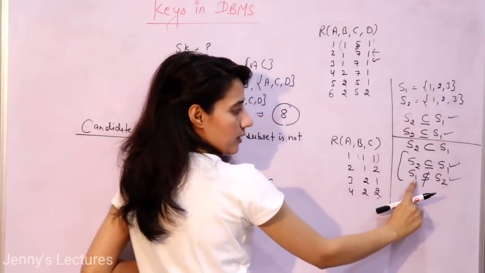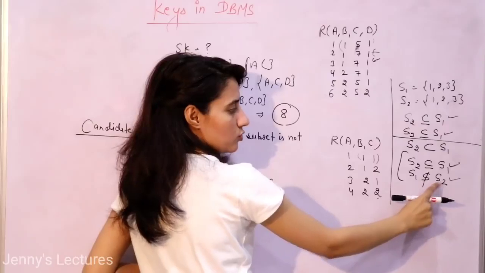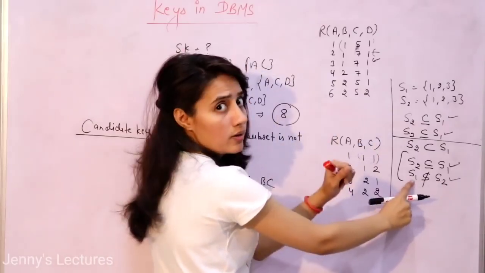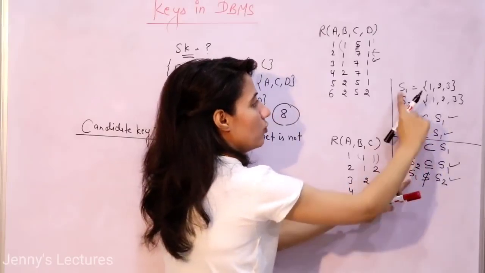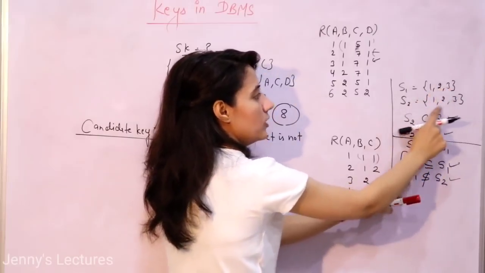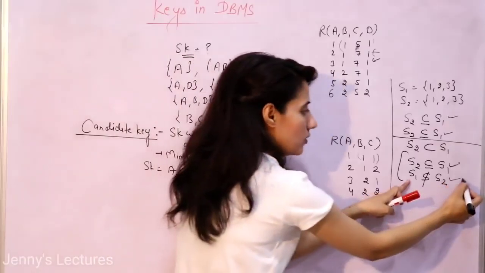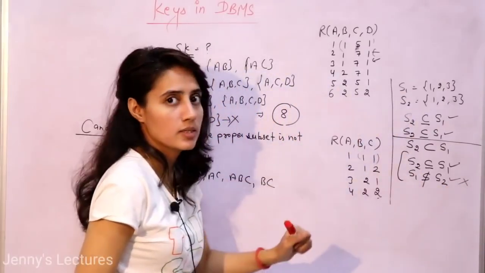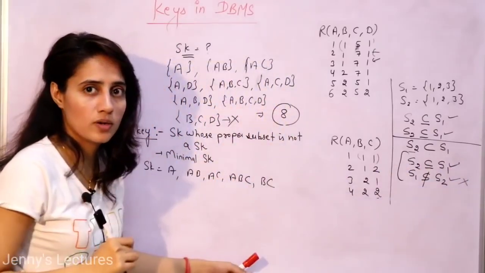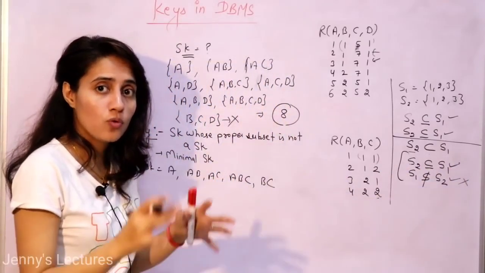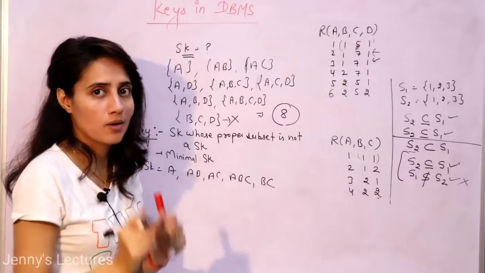But S1 should not be a subset of S2, means all the members of S1 should not be present in S2. The members of S1, 1 2 3, are present in S2, so this is not satisfied. Here you cannot say that S2 is a proper subset of S1. I hope you got the meaning of proper subset now.